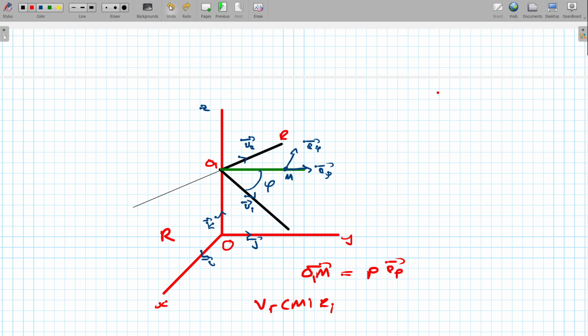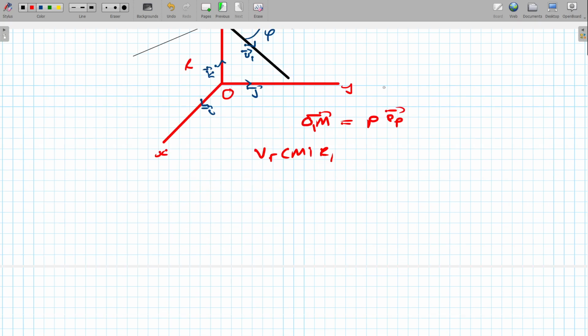Let me use red R for the reference frame that is fixed, and black for the reference frame that is moving. So to find the relative velocity, we must first of all, by definition, find the derivative with respect to time of the position vector O1M.